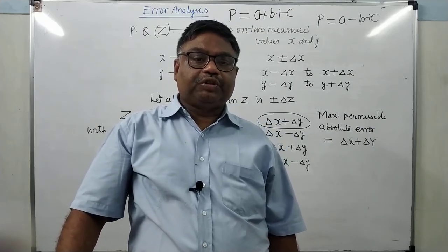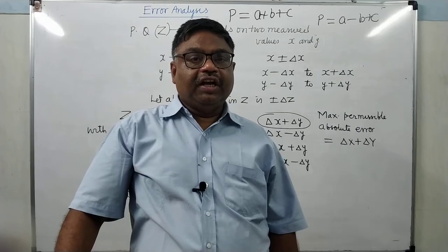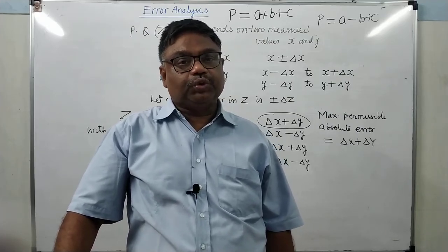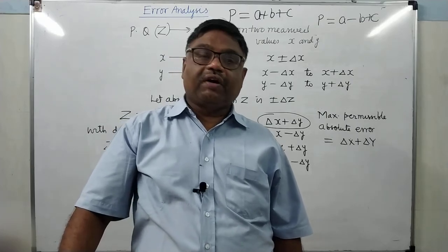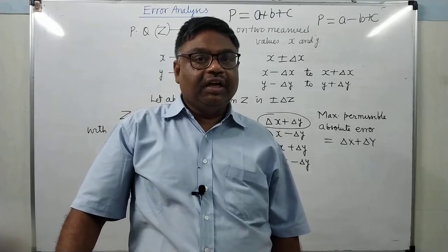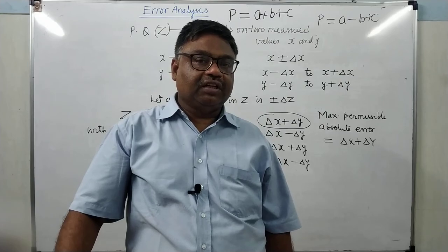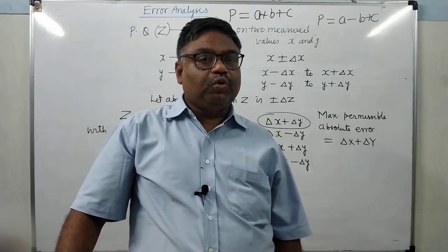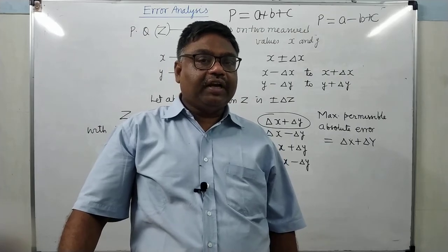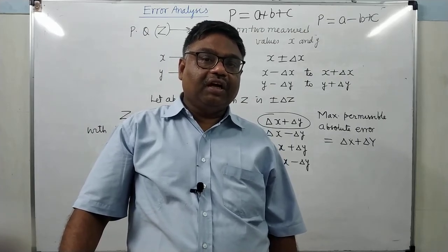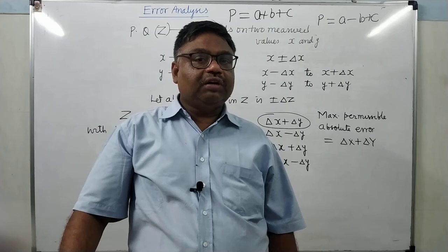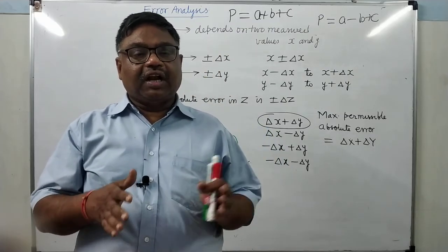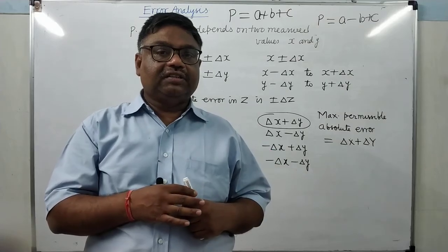Then what will be the absolute error in the final result? It will be equal to the sum of the absolute errors in the individual observations. It is clear? So this way we can calculate the absolute error in a calculated value, which depends upon measured values that are either added or subtracted to get the final result.